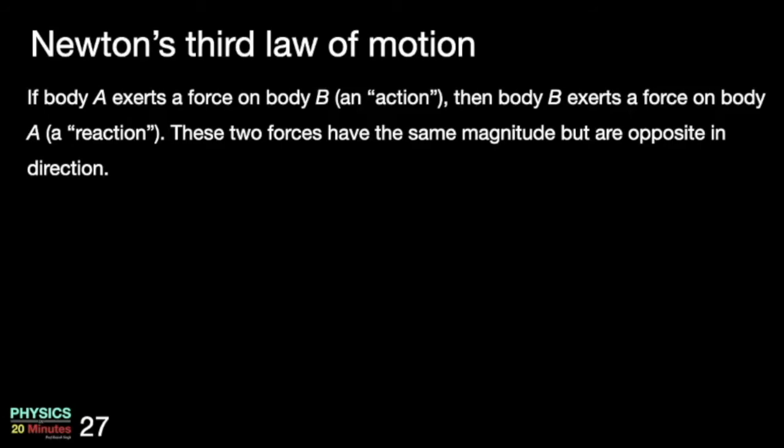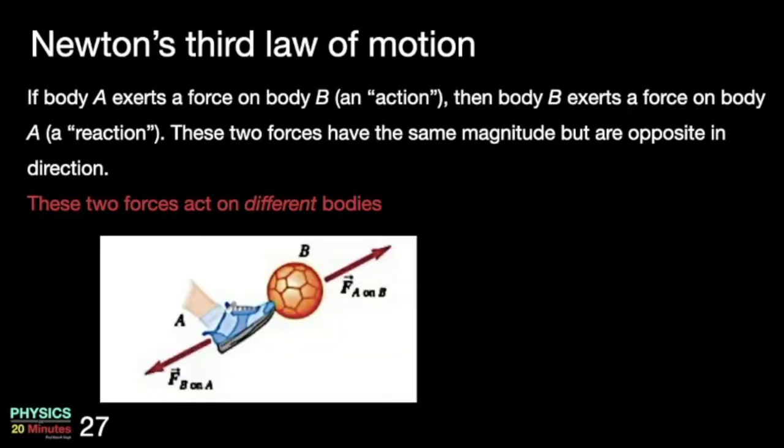These two forces have the same magnitude but are in opposite directions. An important thing to be noted is that these two forces act on different bodies. So for example, if a football is kicked, it's an interaction between two bodies, the foot or shoe and the football.